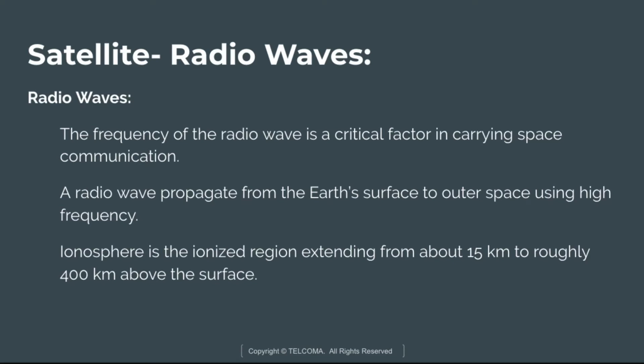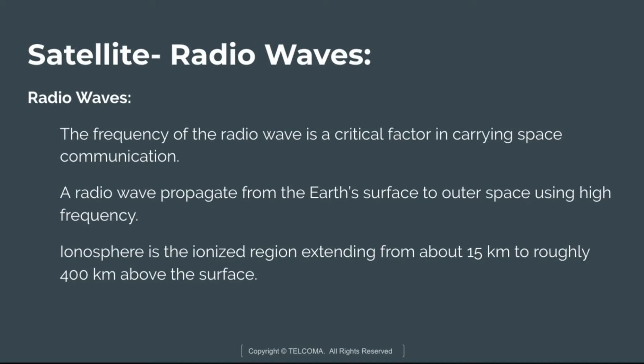Here the frequency of radio waves is a critical factor in carrying space communication. A radio wave propagates from the earth's surface to outer space using high frequency, and the high frequency is enough to penetrate the ionosphere.